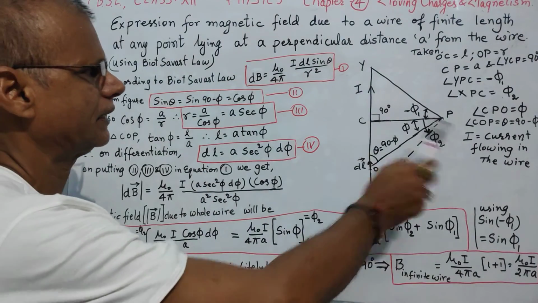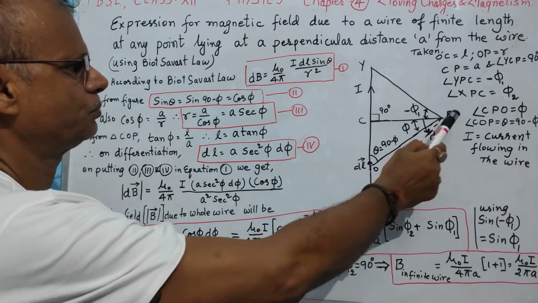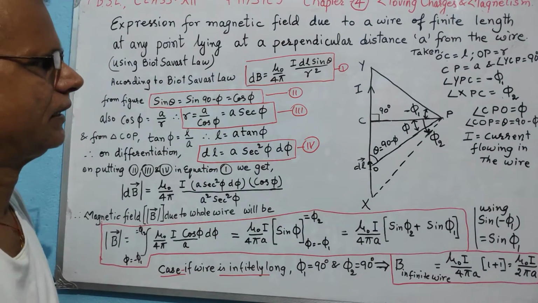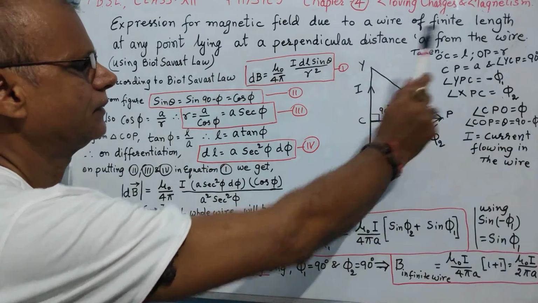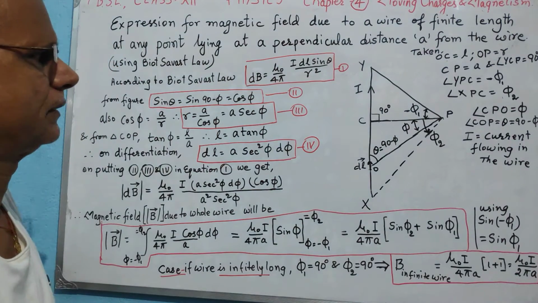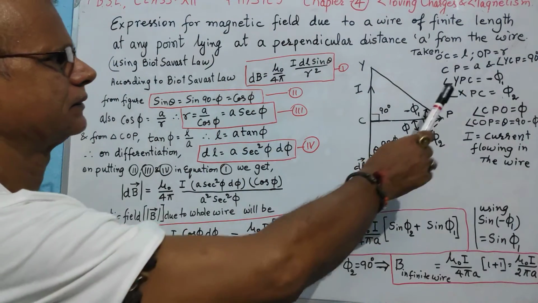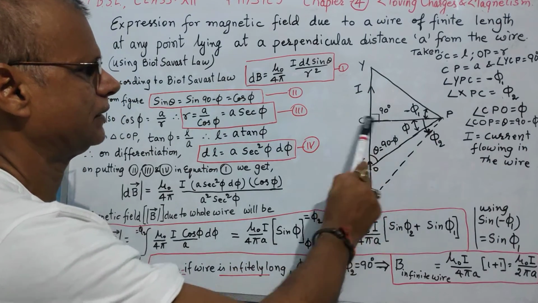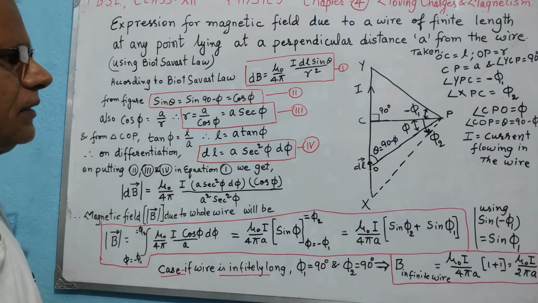We have also taken that the perpendicular distance of point P from the wire is small a. This distance CP is small a, and we have also taken angle YCP 90 degree because it is perpendicular distance.